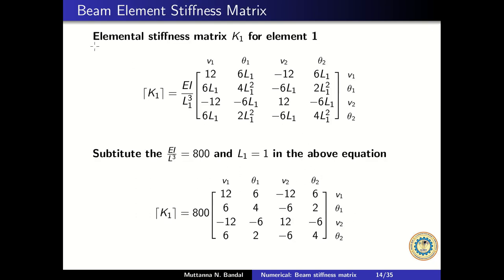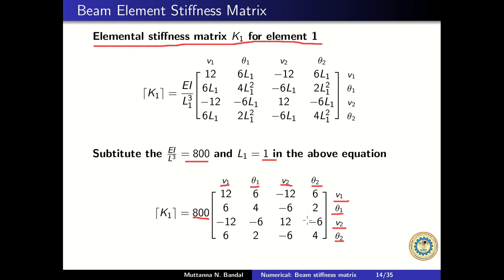So let us calculate the stiffness matrix for element 1. The length of element 1, L1, is equal to 1 meter. Wherever the L is there, I will substitute that with a 1, and EI by L cube is already calculated, so I'll write that as 800. And don't forget to write these degrees of freedom parameters for the corresponding rows and columns.